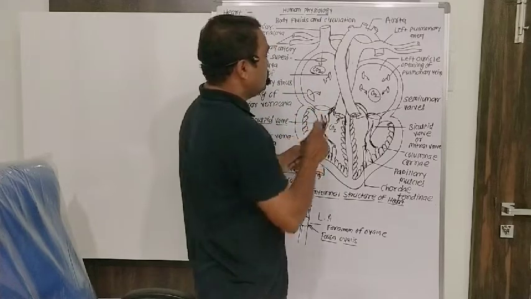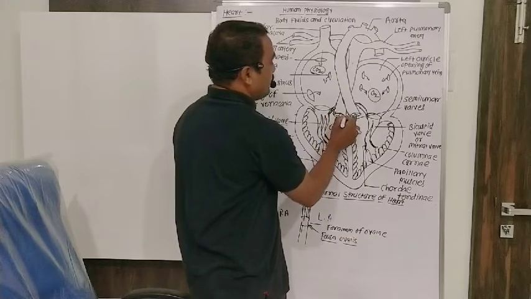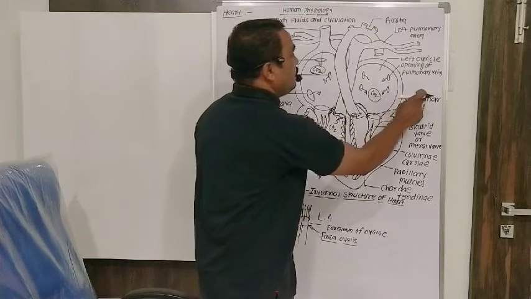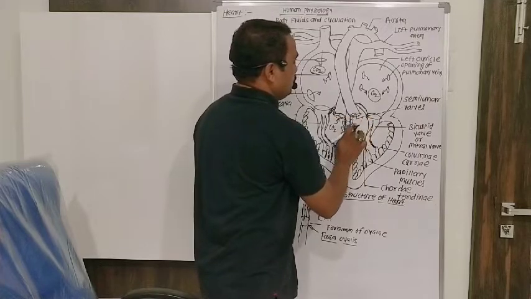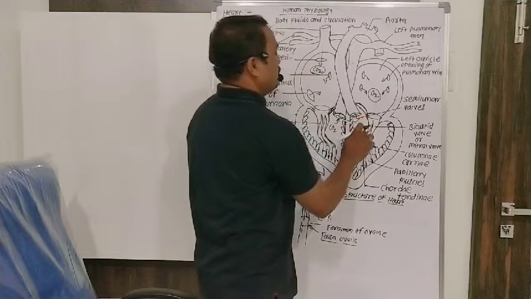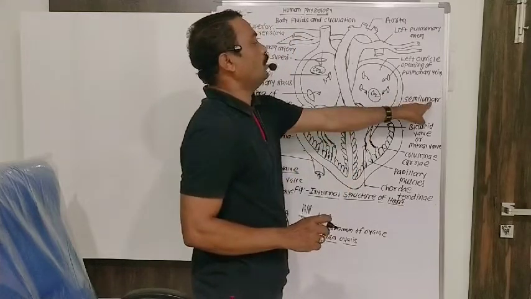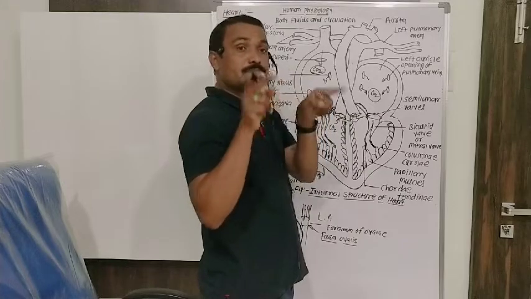Now next one, the opening of the pulmonary artery is guarded by semilunar valves. This one is the semilunar valve. Semi means half, lunar means moon.